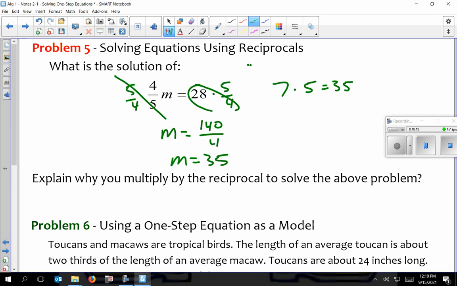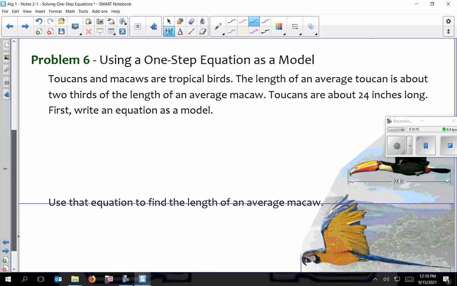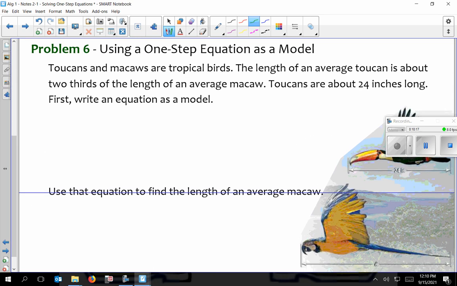Okay. We've got a problem down here about macaws and toucans, and we're going to write an equation for that. Okay, so with the toucans and macaws, there's a relationship by the length of their sizes. So they kind of give us an idea of what each one is.